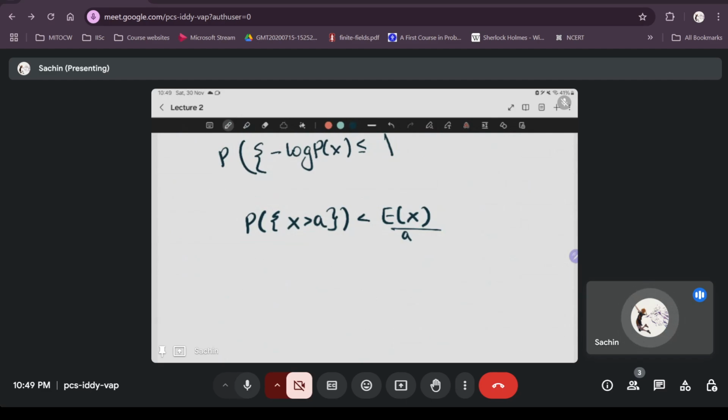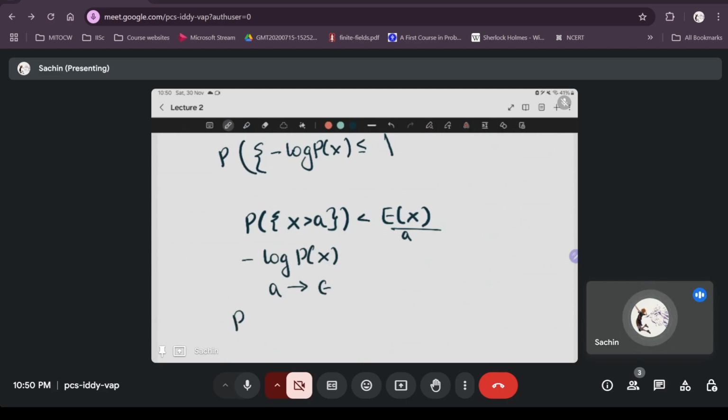And in place of x, I'll replace that by minus log p of x. And in place of a, I will put epsilon.